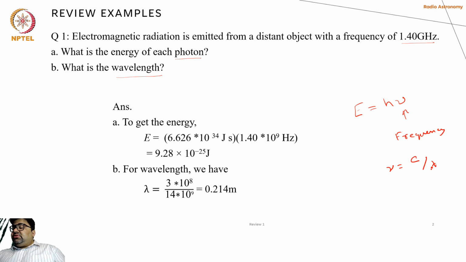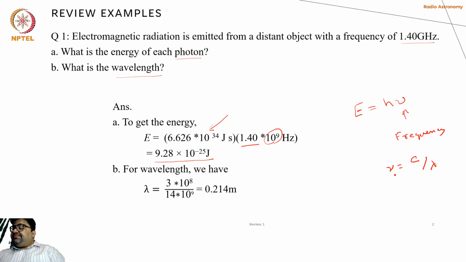If you use these two concepts, that the energy is h nu and nu is c over lambda, we derive the energy, and h is Planck's constant, which has a known value given here. We put the frequency, 1.4 gigahertz, so 1.4 times 10 to the power 9 hertz. That gives us 9.28 times 10 to the power minus 25.